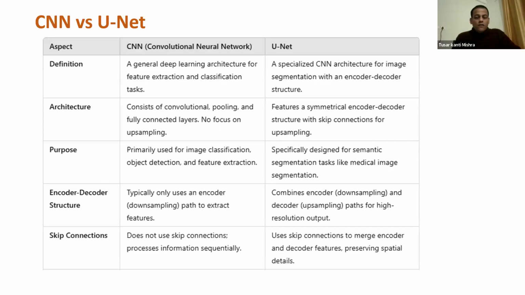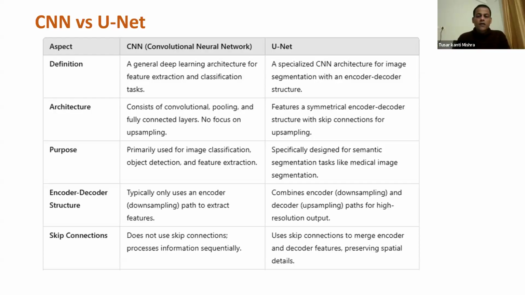It has an encoder and decoder structure. Talking about the architecture, in CNN we have convolution, pooling, and fully connected layers. There is no concept of upsampling, though of course there is downsampling. The image size goes on decreasing when we propagate to subsequent layers in CNN.